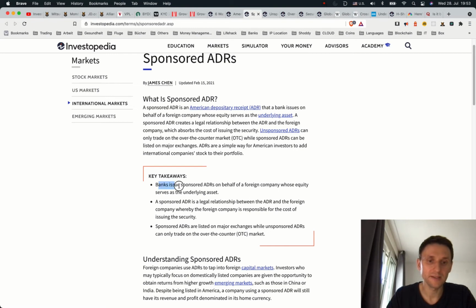Like I said, banks issue sponsored ADRs on behalf of a foreign company whose equity serves as the underlying asset. A sponsored ADR is a legal relationship between the ADR and the foreign company, whereby the foreign company is responsible for the cost of issuing the security, and sponsored ADRs are listed on major exchanges, while unsponsored ADRs can only trade over the counter market.